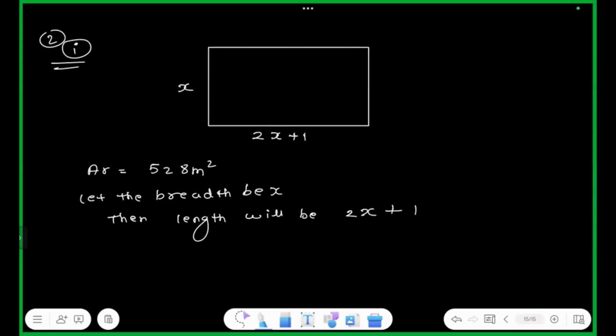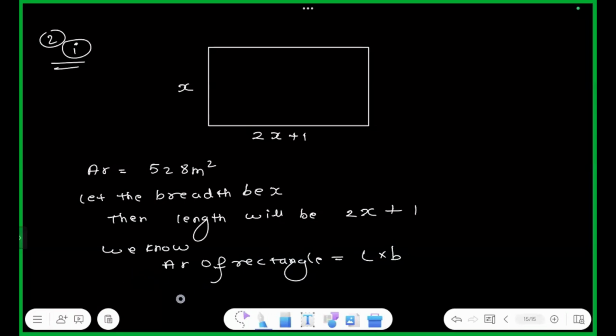Now we have learned how we can find the area of a rectangle. We learned the formula for the area of a rectangle in previous classes as length into breadth. Now the area of the rectangle is already given to us.